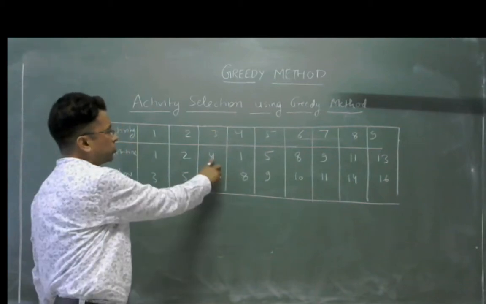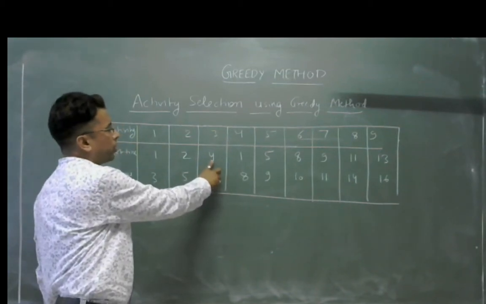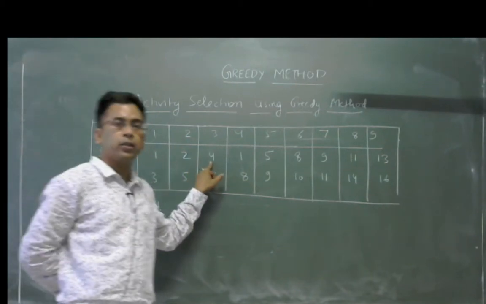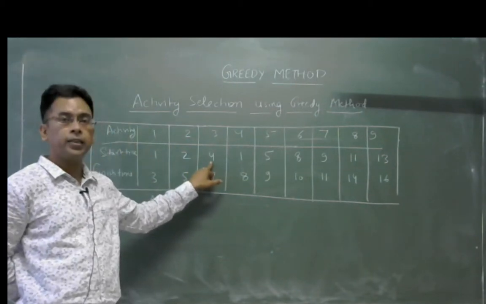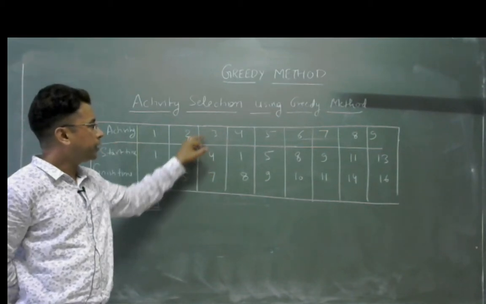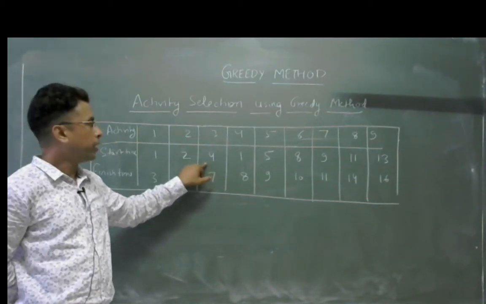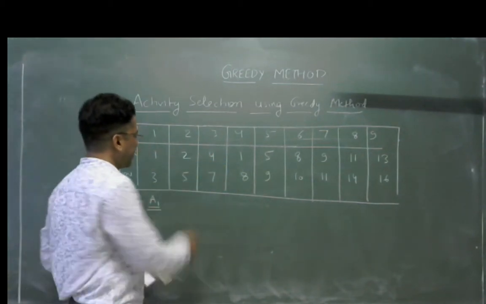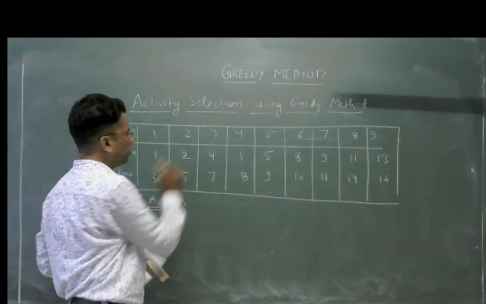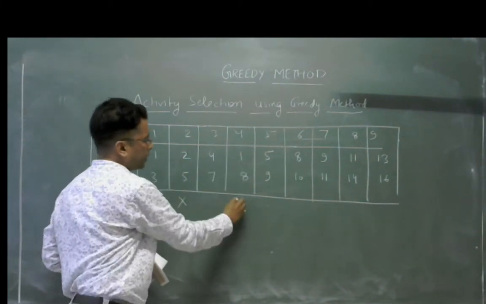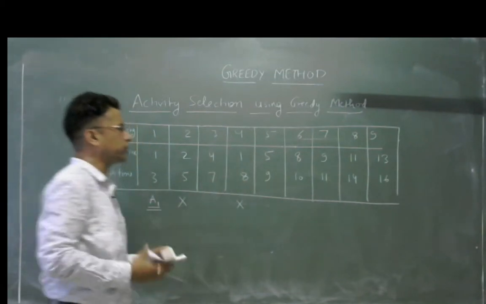But I can choose activity 3, because among all these activities, the next upcoming activity is activity 3, which starts at time 4. The other activities cannot be selected because their start times have already gone.